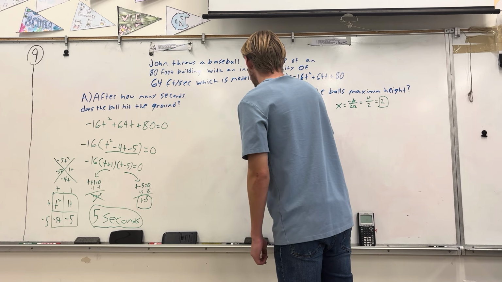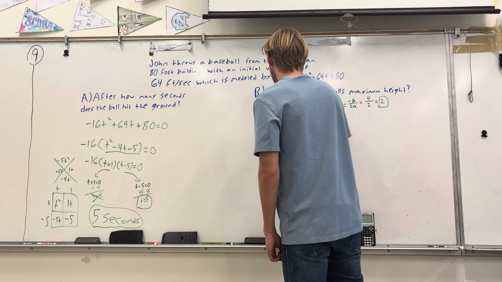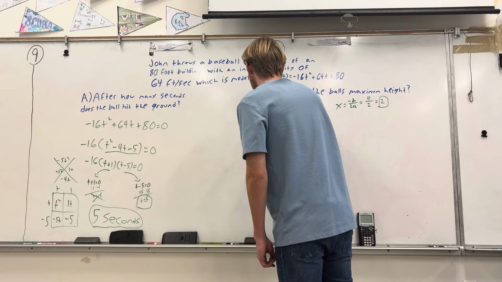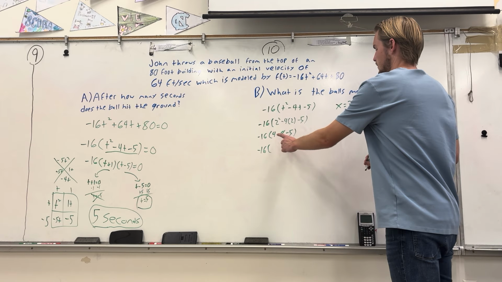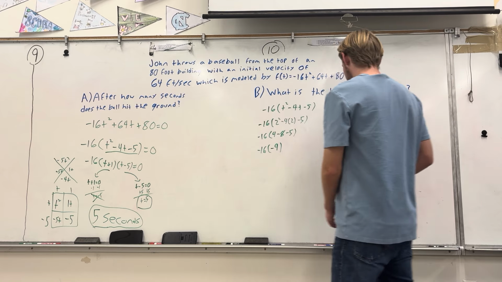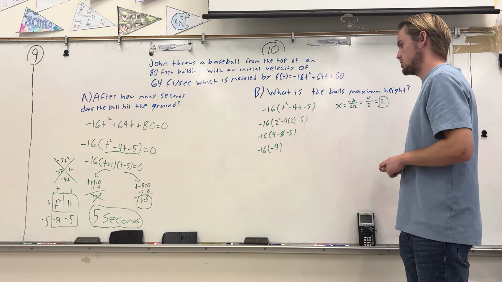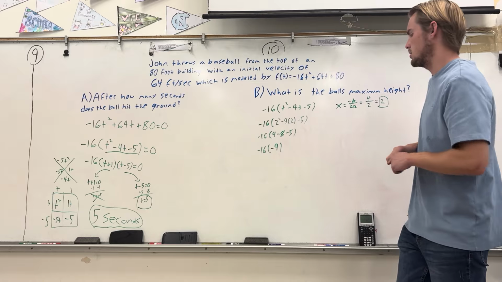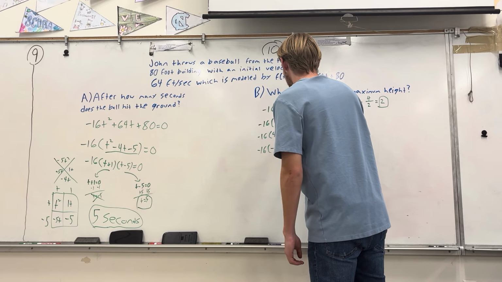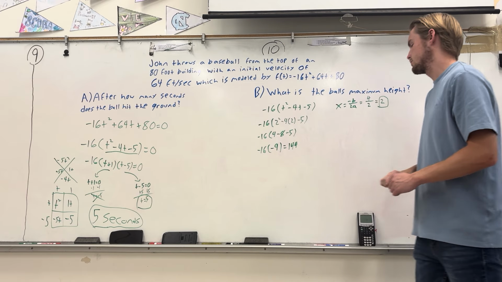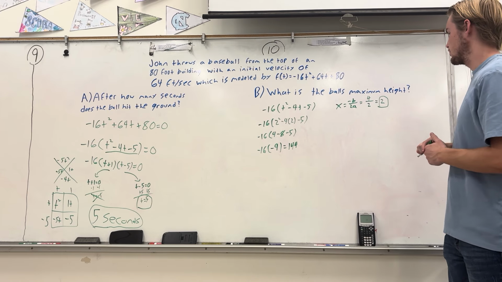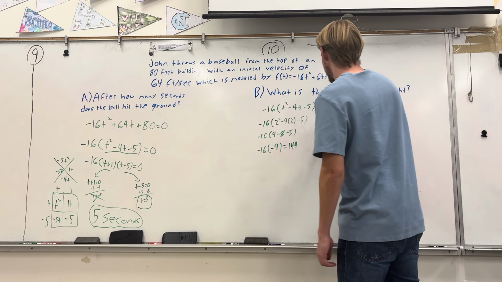This is just negative 16 times 4 minus 8 minus 5, which is just negative 16 times negative 9, which is just 144, I think, right? So this is just 144.